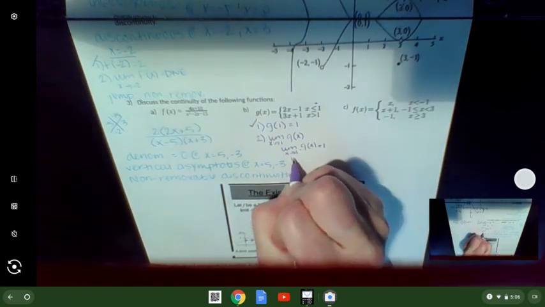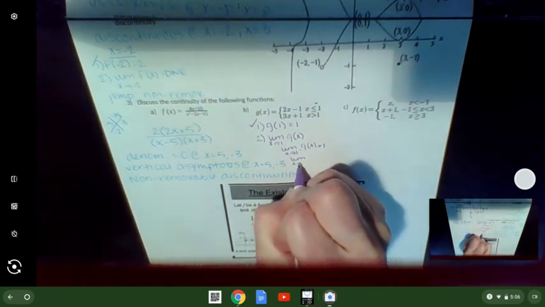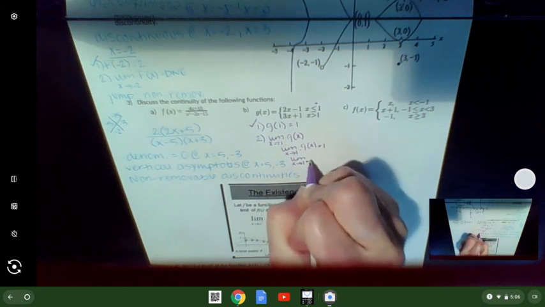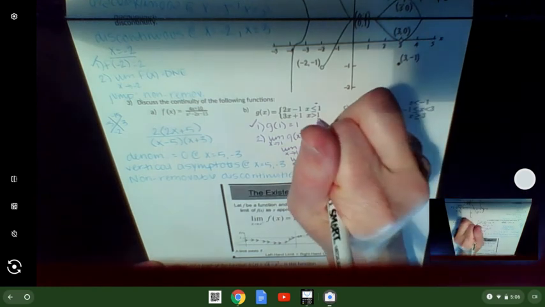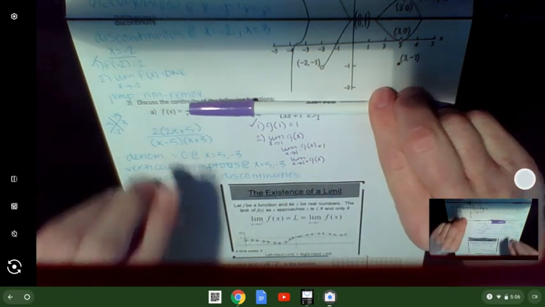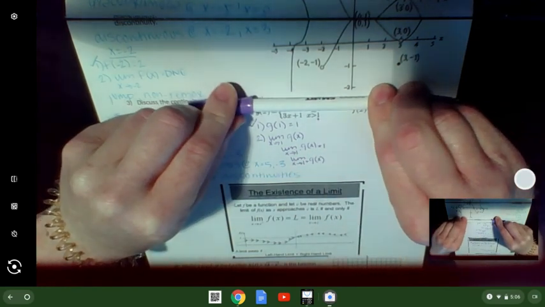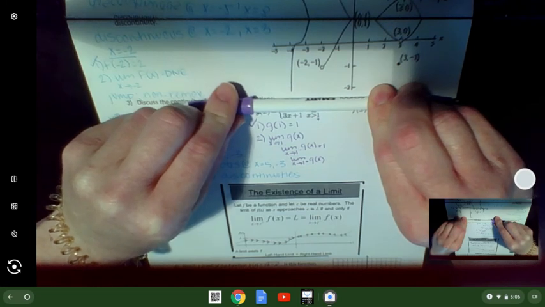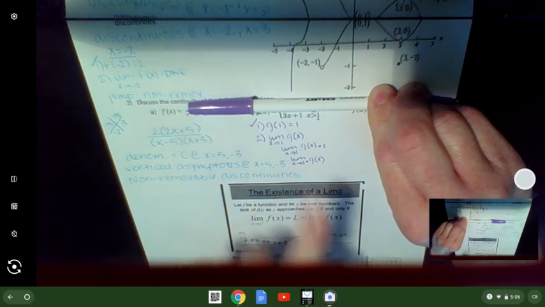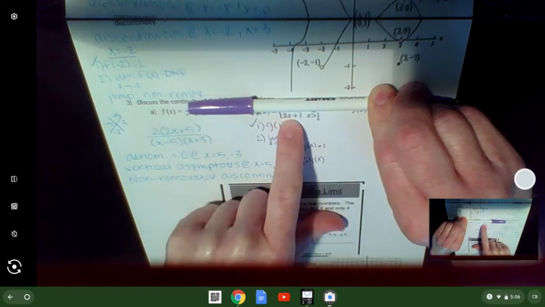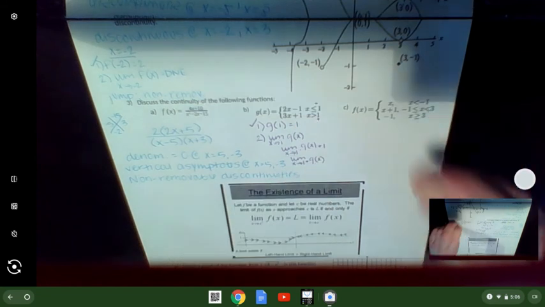Now we're going to find the limit as we approach 1 from the right for this function. Values to the right are values greater than 1, which is the second half here, and so I'm only going to focus there. How do we find a limit analytically? Direct substitution. I'm going to directly substitute into this piece and this piece only. 3 times 1 is 3, plus 1 is 4.